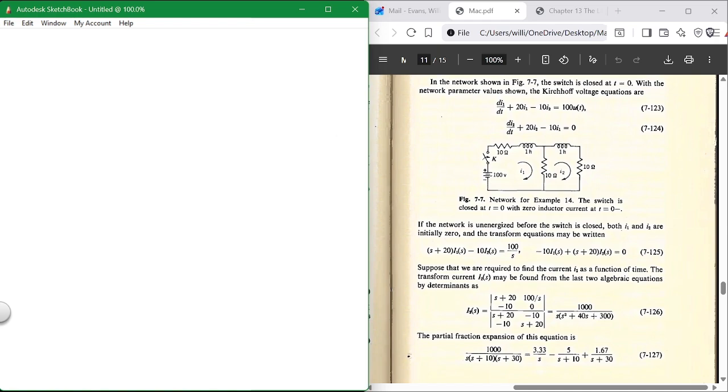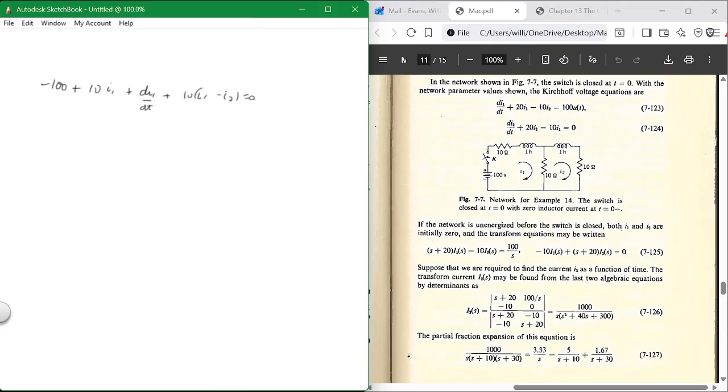So what he did is he jumped right into the middle, and in order to write this equation, you'd say minus 100 plus 10 I1 plus di1 over dt plus 10 parenthesis I1 minus I2 equals 0.